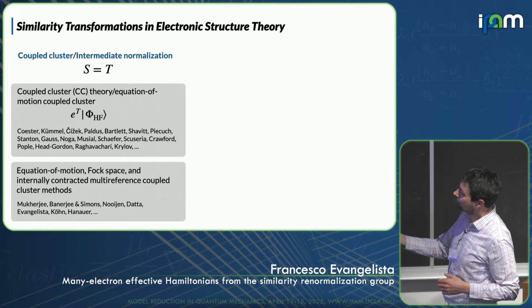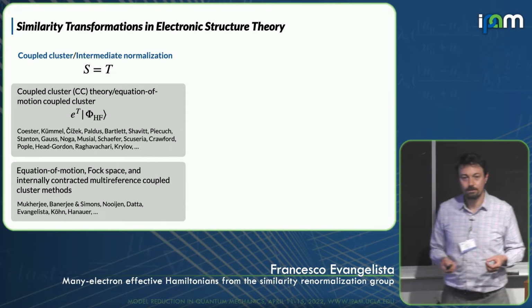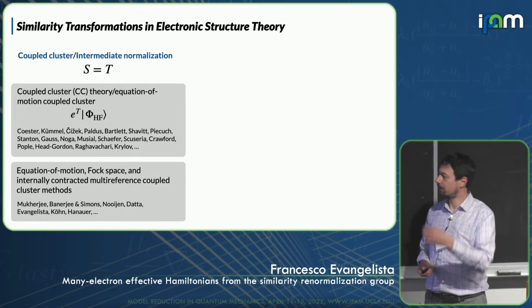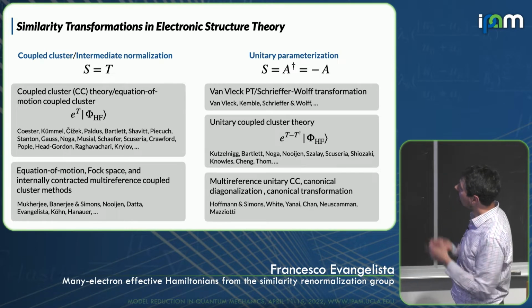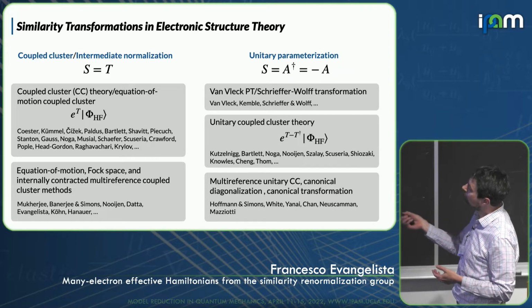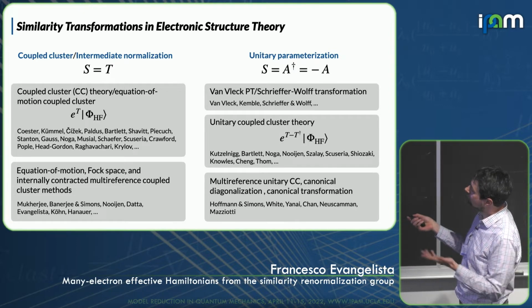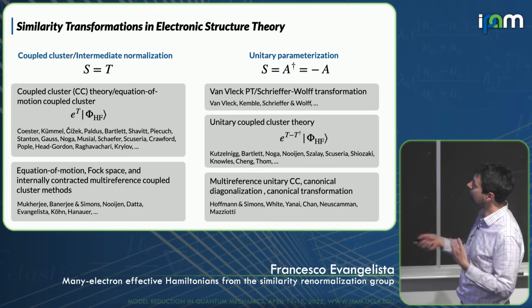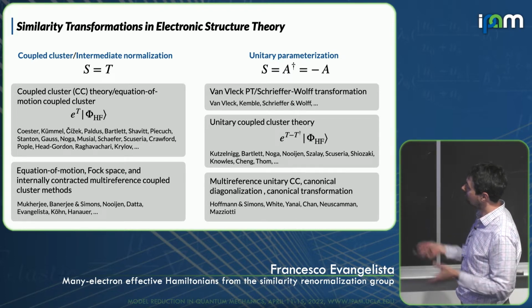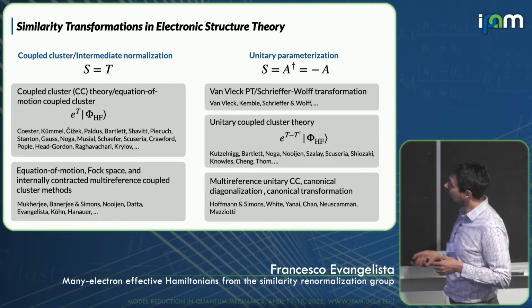Here, this S operator is a coupled cluster or an excitation operator, so it promotes electrons from hole to particle states. Another way to parameterize this transformation is to use a unitary operator. So A is anti-Hermitian, and the exponential of A then becomes unitary. And this has a very long history, starting with Van Vleck and the Schrieffer-Wolff transformation.